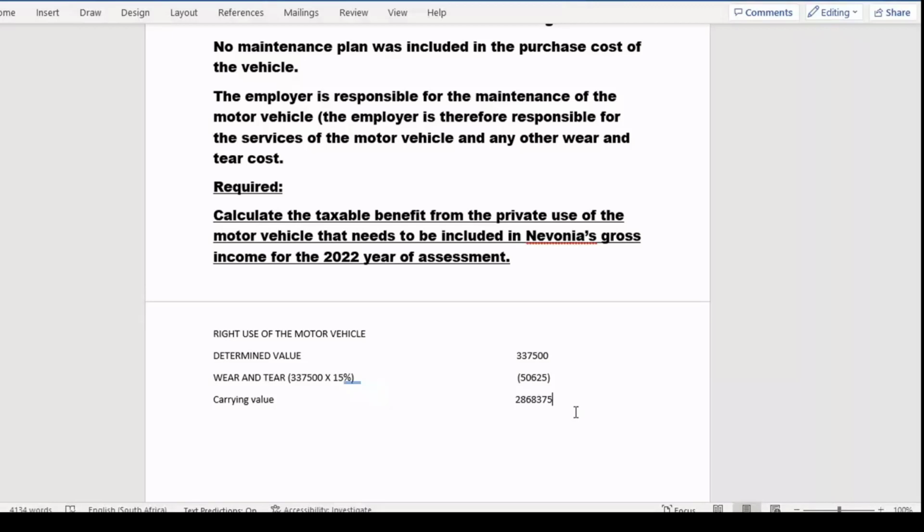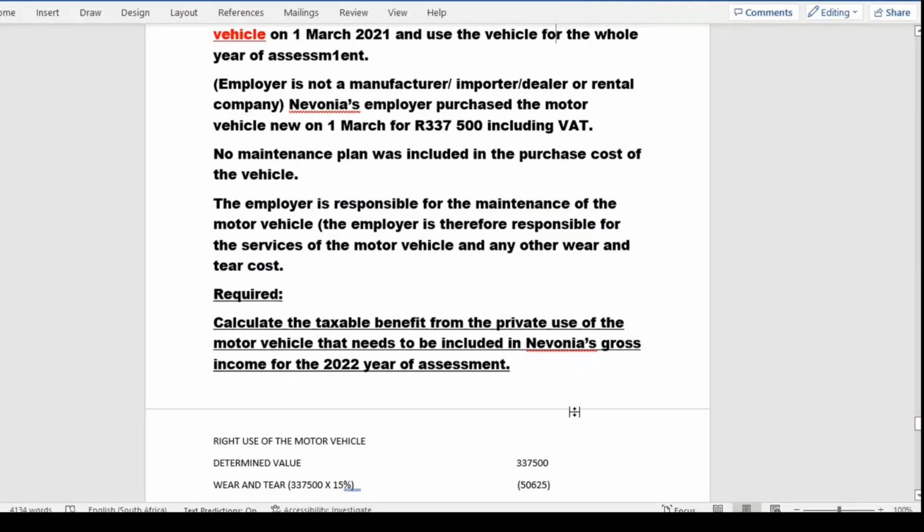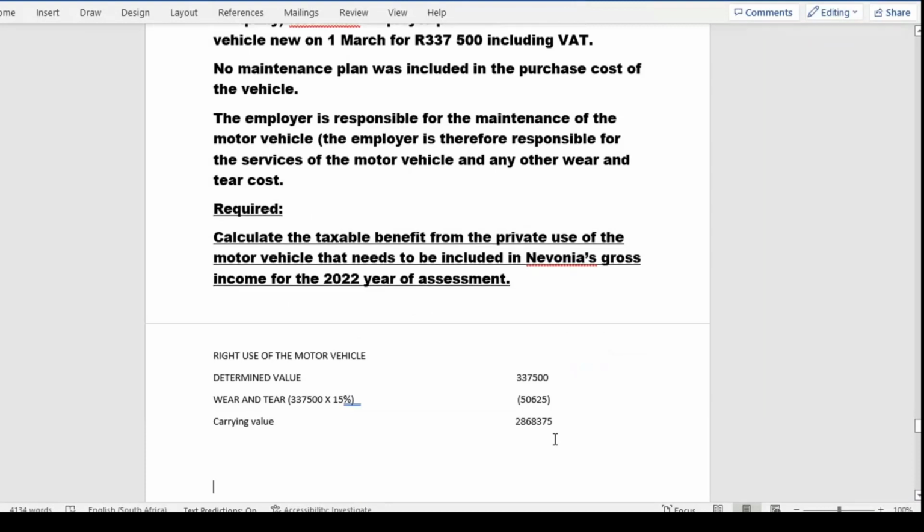Can you please go up again? No, I think I'm correct. All right, let's assume that you are correct. How did you get to 2,868,375? I said 337,500 minus 5625.